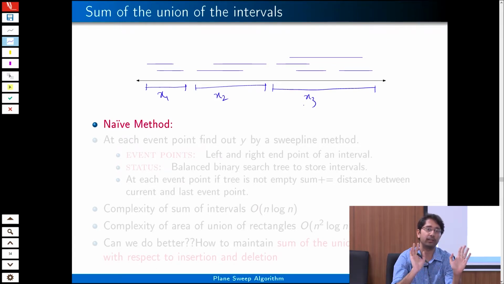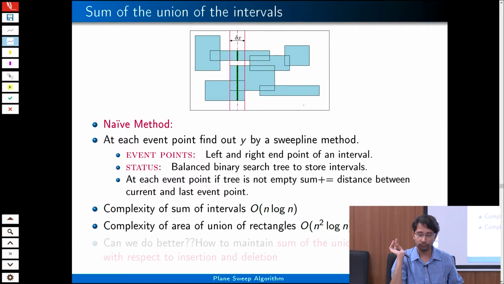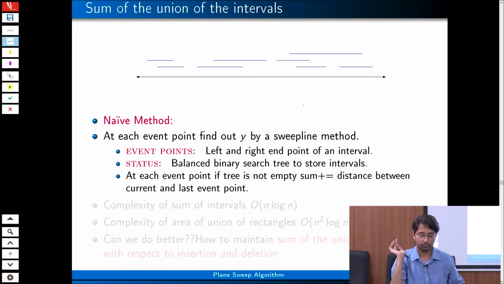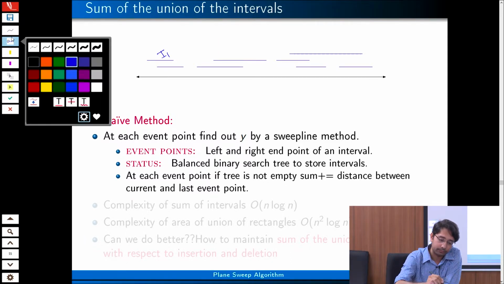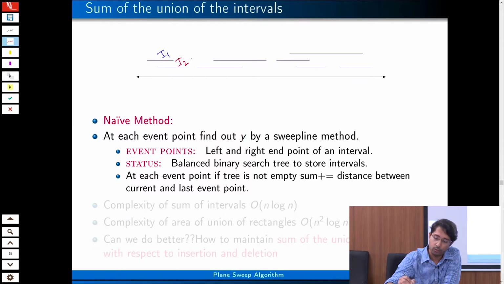If not, we will not add anything. So let's call these intervals I1, I2, I3, I4, I5, I6, I7, I8.